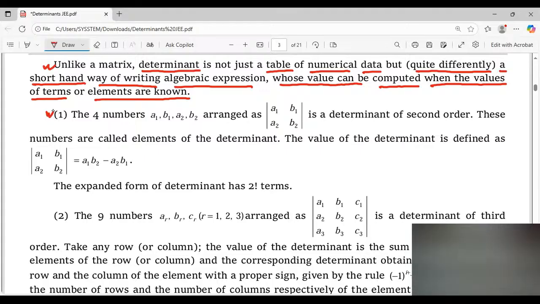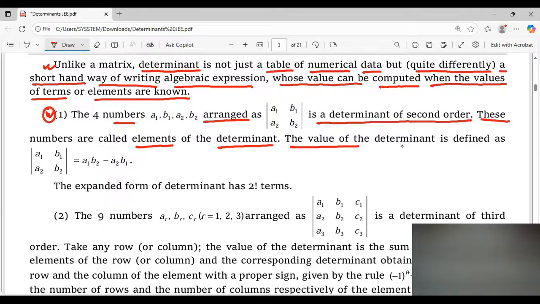So let's see here, the four numbers A1, B1, A2, B2 are arranged. A1, B1, A2, B2 is a determinant of second order because it has two rows and two columns. These numbers are called elements of the determinant.